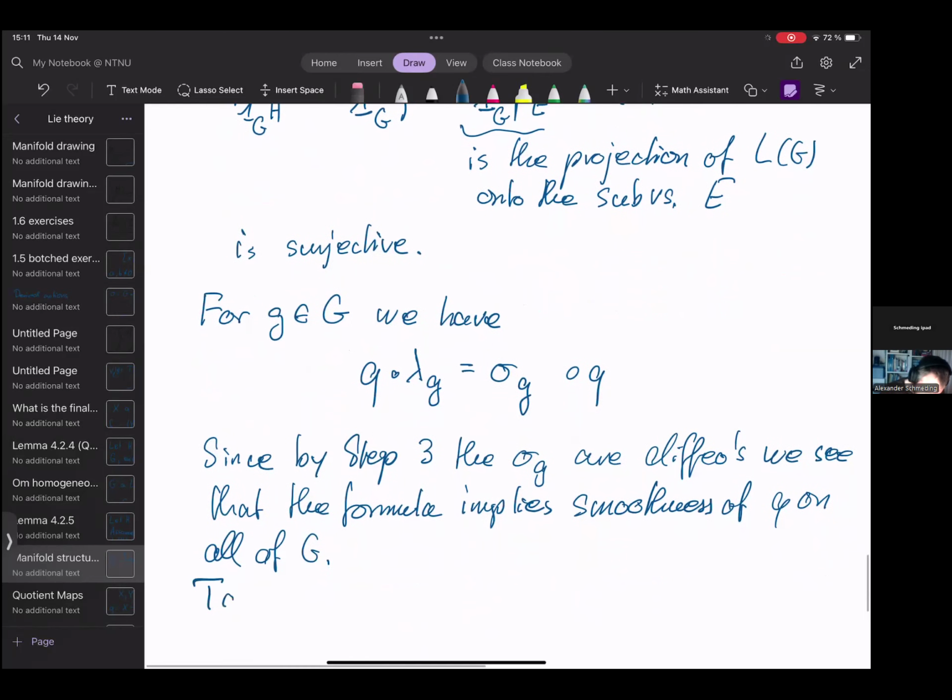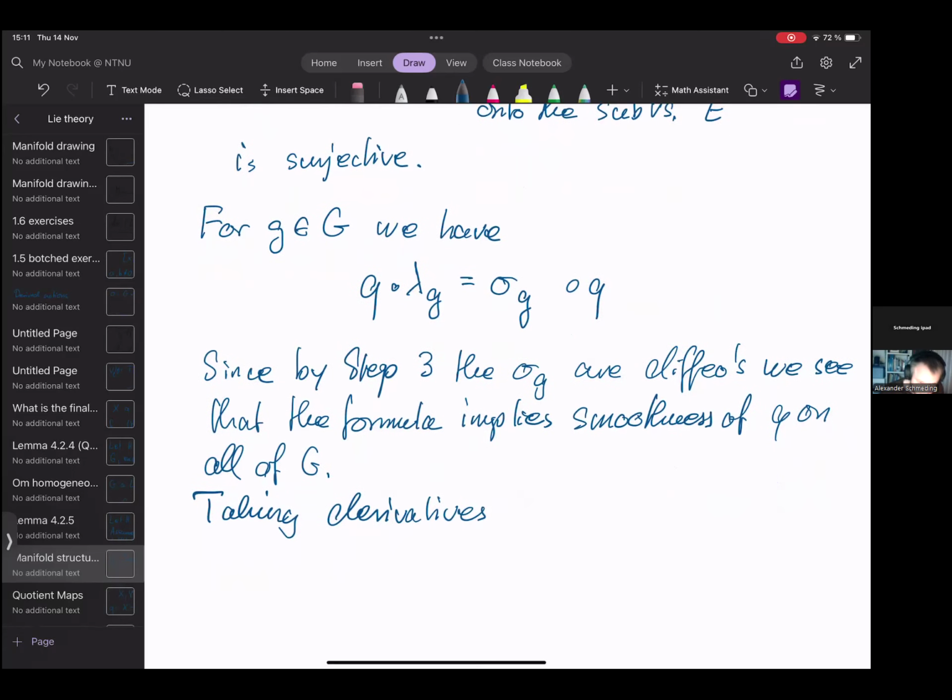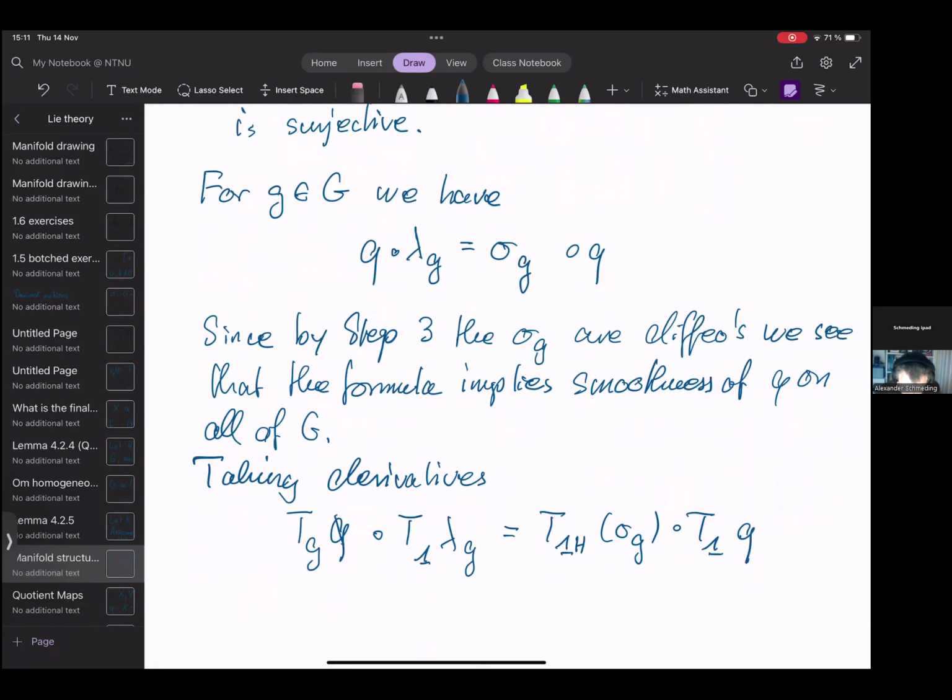Right, and taking derivatives, what we get is, if I take the derivative at point G of our quotient map Q and compose it with the derivative at the identity element of this lambda G, then this is the derivative at the coset of the unit, or sigma G, composed with the derivative of Q, but this time at the identity element. And here we know that this is surjective.